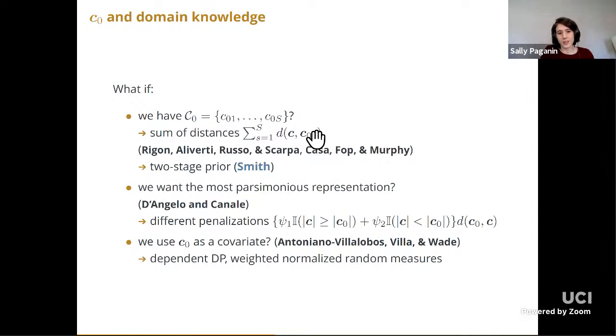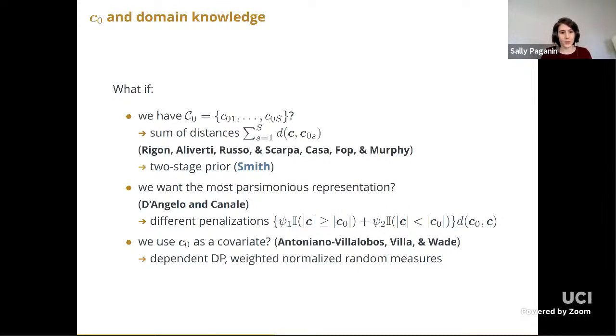And from comments in the contributor discussion from Rigon and co-authors, it seems that you can tie these two representations together, interpreting them in a generalized Bayes sense. So hopefully we will go on to read these discussions.